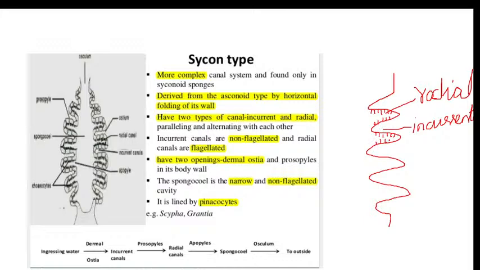The radial canals have flagellated cells, but the incurrent canals have non-flagellated cells.